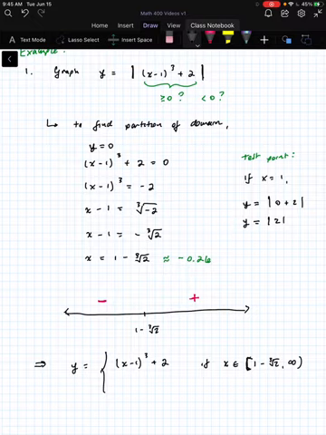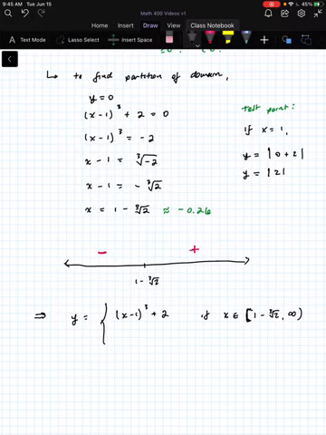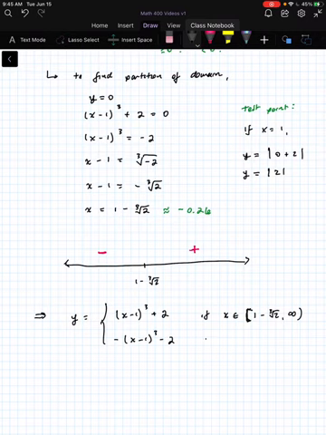So (x minus 1) cubed plus 2. On the other hand, we make it negative for the other section. In other words, if x is in negative infinity to 1 minus cube root of 2.